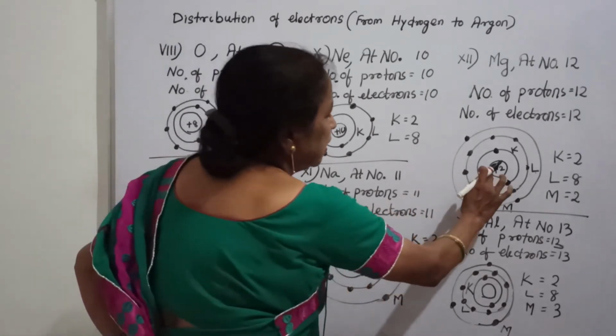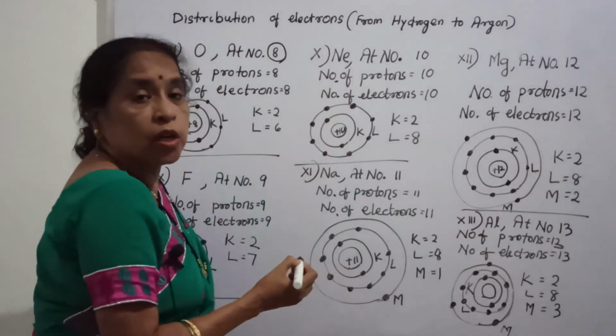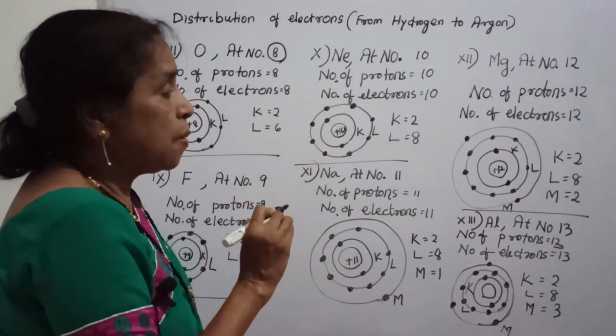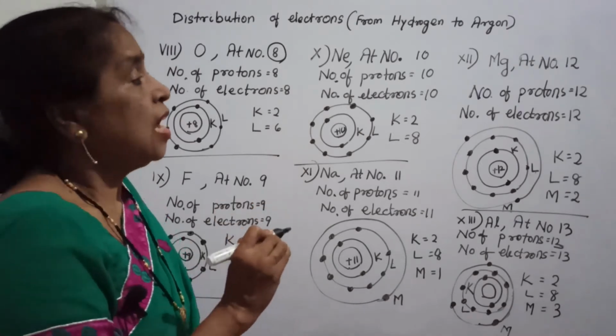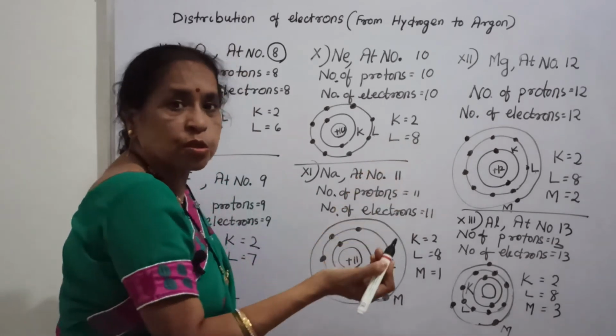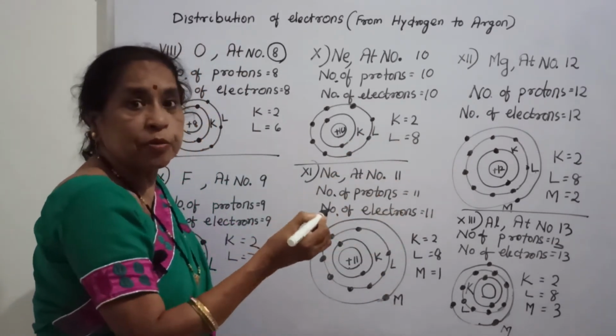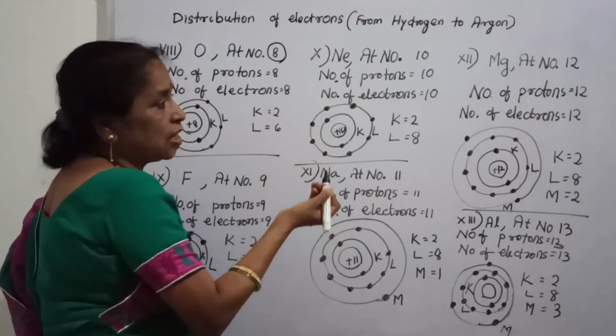That means here plus 12 inside the nucleus, which represents the number of protons inside the nucleus, is 12. Now number of protons is 12, number of electrons is also 12, because the number of protons and number of electrons are equal, which means the atom is neutral.